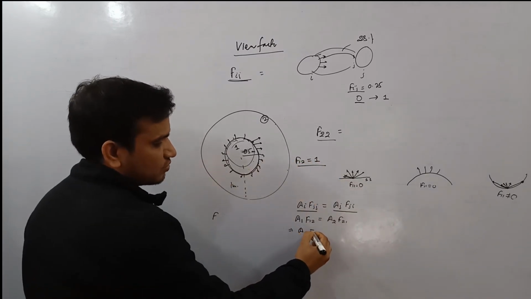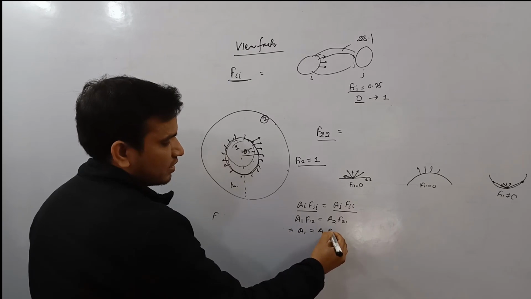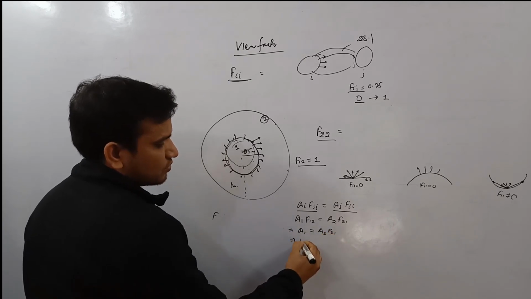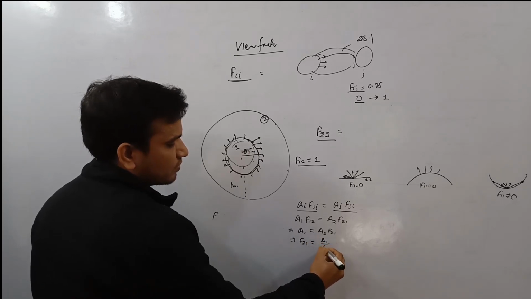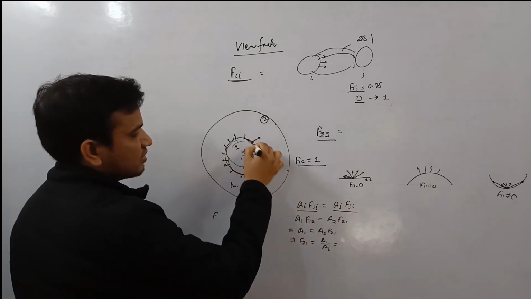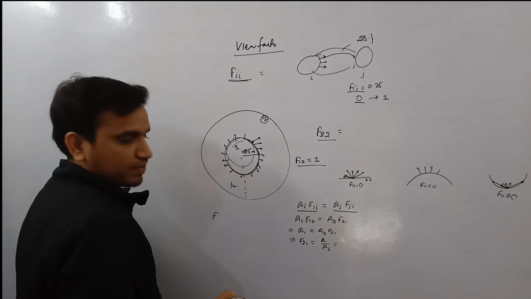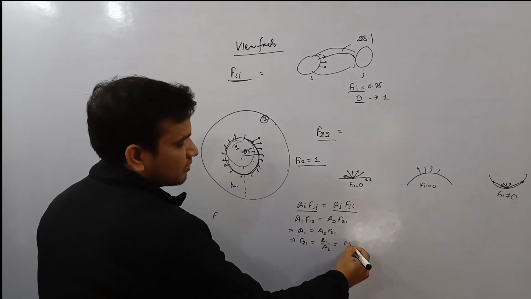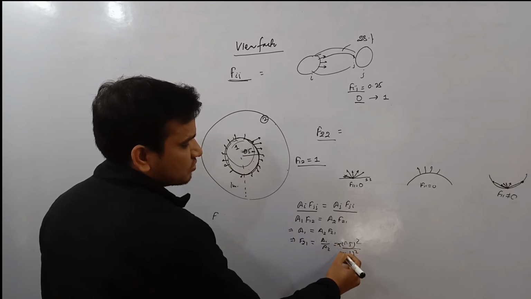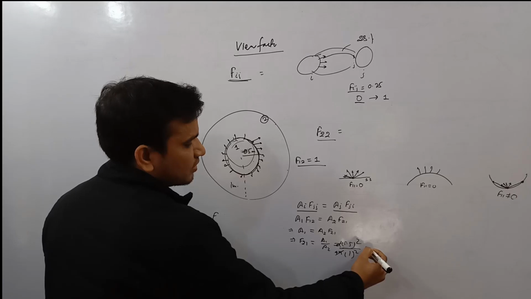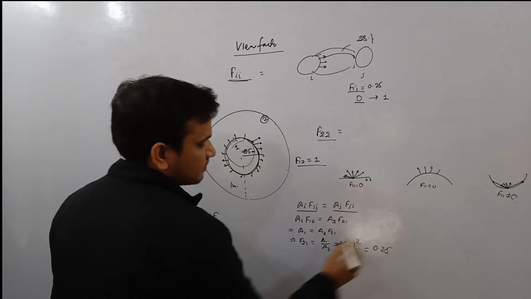This implies A1 is equal to A2 into F21, so F21 is equal to A1 by A2. For surface 1, the radius is 0.5, so A1 by A2 in terms of ratio is 0.5 square by 1 square. Pi is also there, like 4 pi r square, so 4 pi will be cancelled. So it will be 0.25.